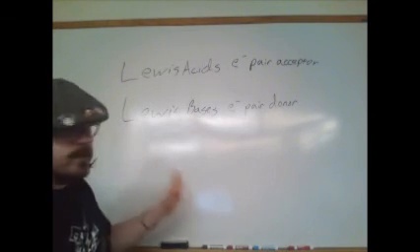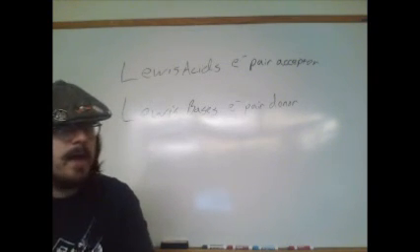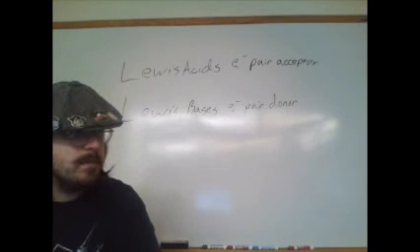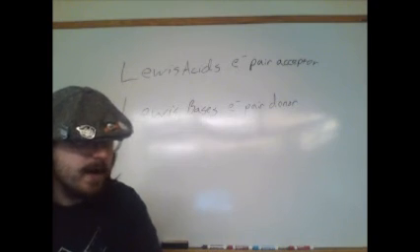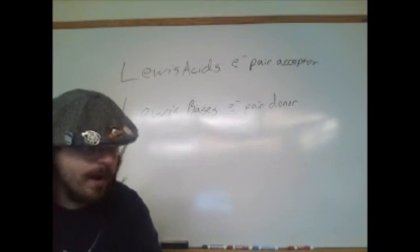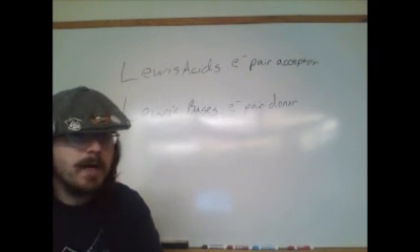So a Lewis acid needs to be something that is lacking electrons. This is usually in order to make a doublet in the case of hydrogen, or an octet in the case of carbon, nitrogen, oxygen, boron, or any of the p block elements.